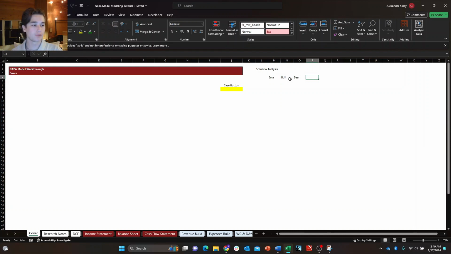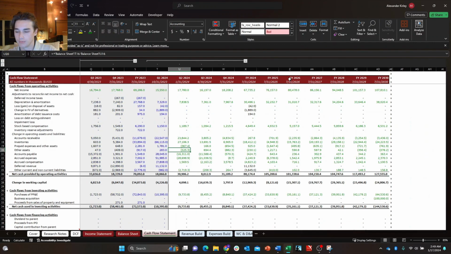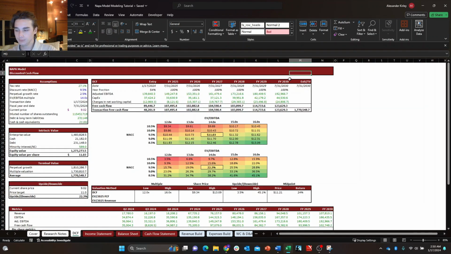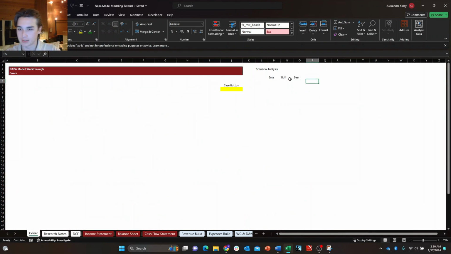However, what if you want to get a better idea of how the company would do if they sold more volume, right? And we want to adjust this to a bull case. Or maybe we want to say they have the ability to charge more for their wine, or they're just simply capturing more of a luxury space, as well as being able to upcharge, and their mix contribution is going to their higher end wines. These are all cases that I want to express.